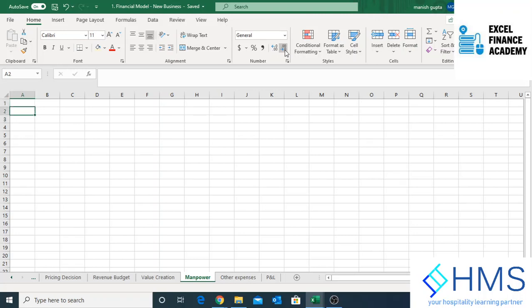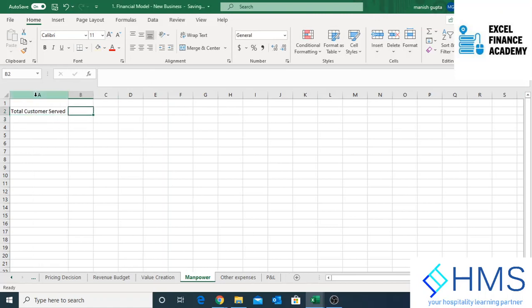So what information do you need for this? The information that we need is, one, the total customers served. Now it doesn't matter which customer it is, because manpower is going to be almost the same unless your business model is different. Total customers served, total portions served.